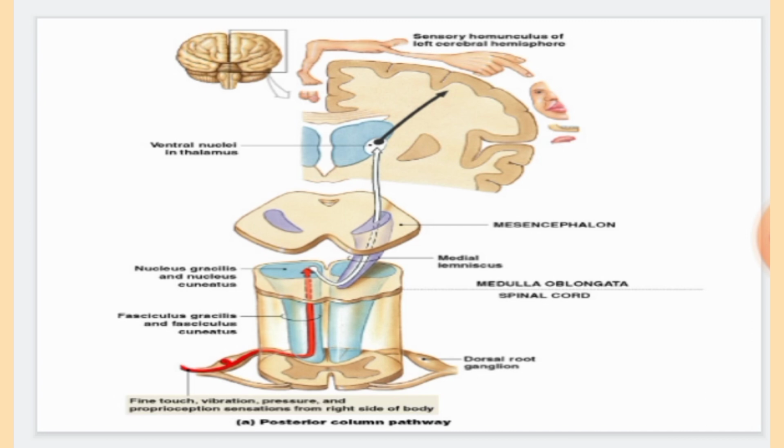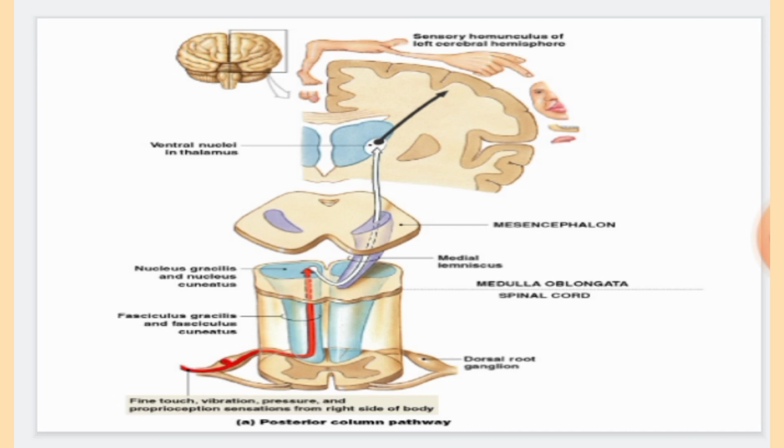The next one is the fasciculus gracilis, a fiber bundle that carries tactile and proprioceptive information from the lower half of the body and is part of the posterior column.